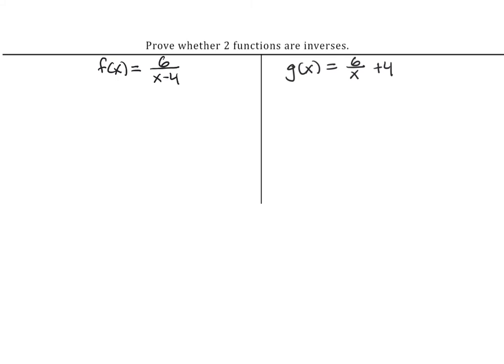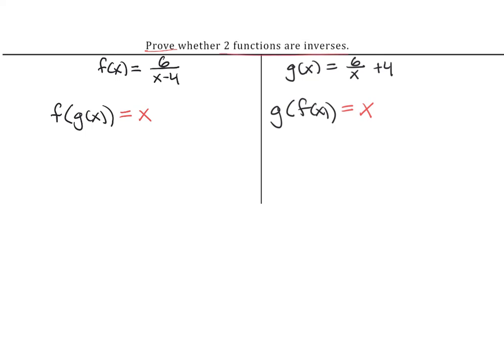And what we're going to do is function composition. On this side, we're going to do f of g of x, and here we're going to do g of f of x. And the rule is if the one on the left equals x, and if the one on the right also equals x, then you prove that those two functions are inverses of each other.